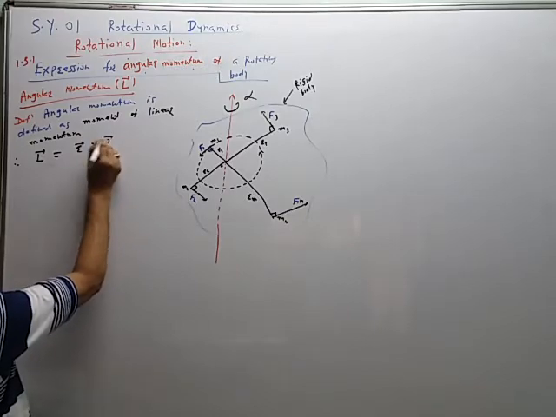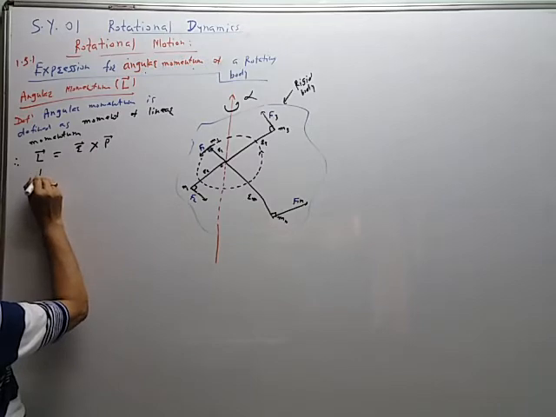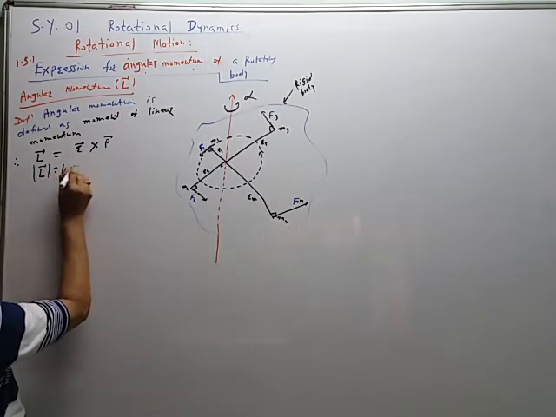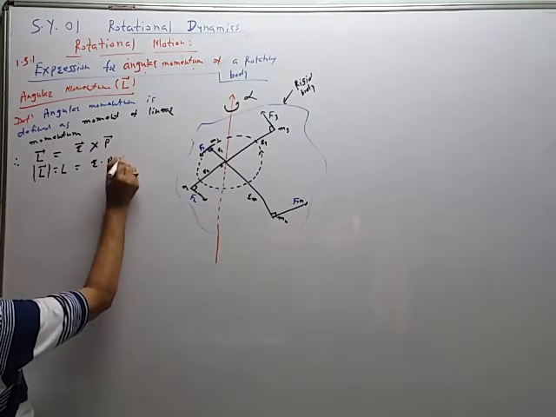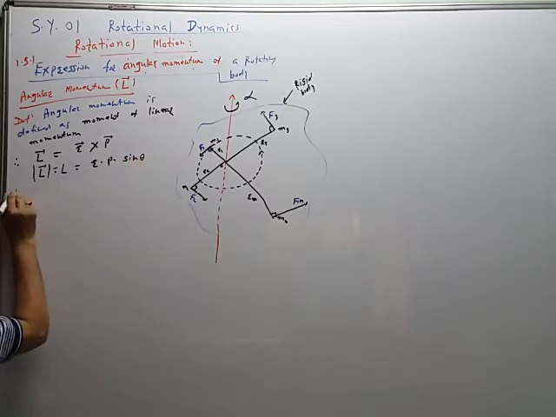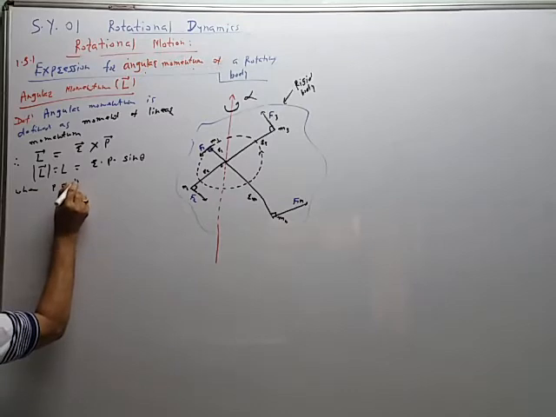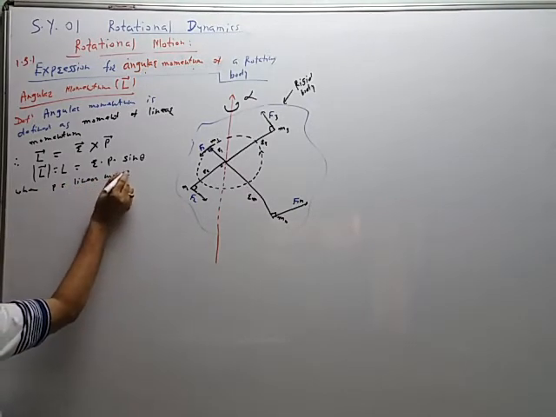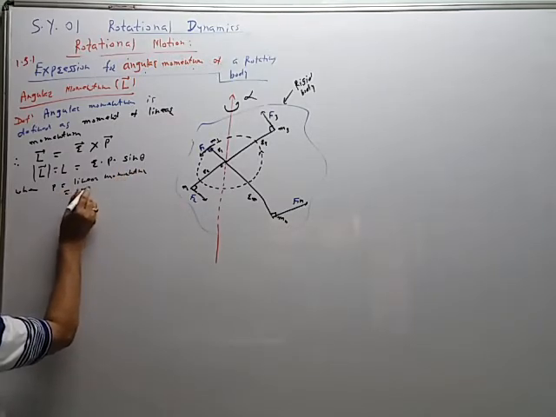Linear momentum is denoted by P, and therefore in magnitude it is given by the magnitude of the first vector, the magnitude of the second vector, into sine of theta, where P is the linear momentum and it is given by mass into velocity.